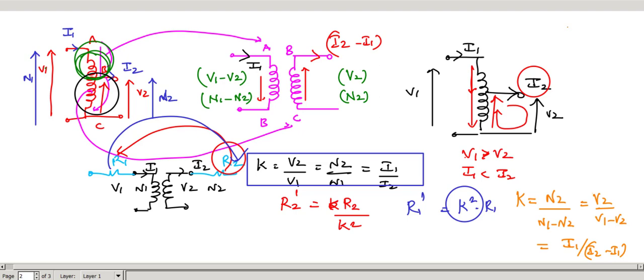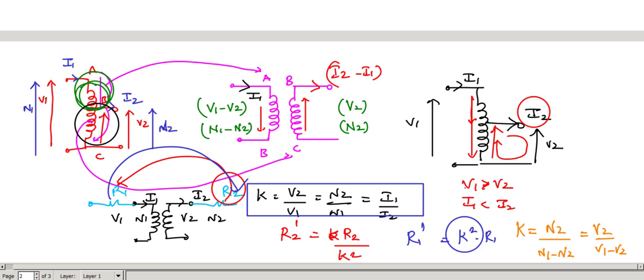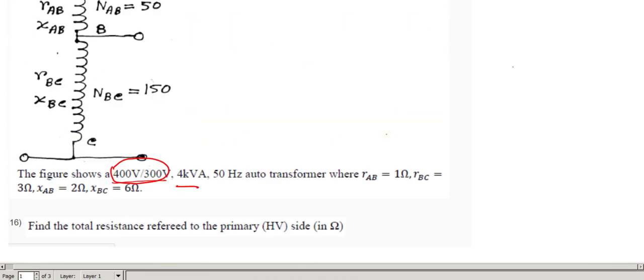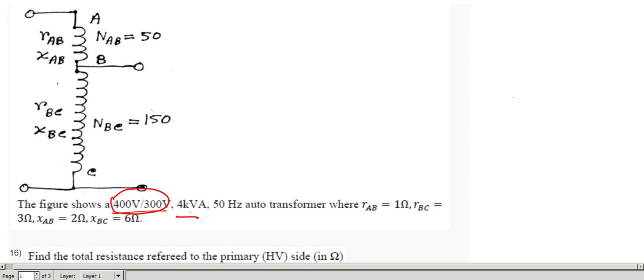Okay, let's see here. This is the question given. This is of 400 and this is of 300. Now I am converting it into the two winding transformer.